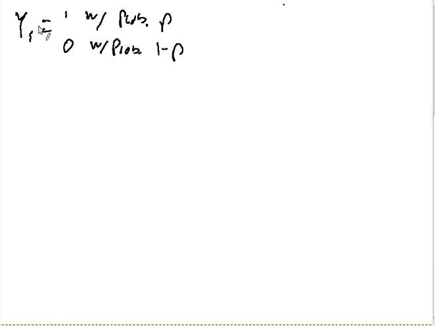We have these variables y sub i, which take on the value 1 with probability p, and 0 with probability 1 minus p. And we have a number of independent such variables, y1, y2, etc. And we string them into a big string of length n.